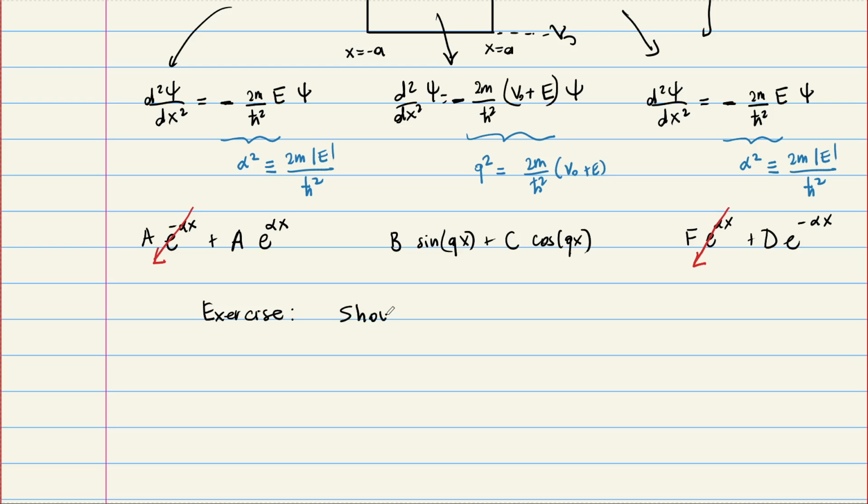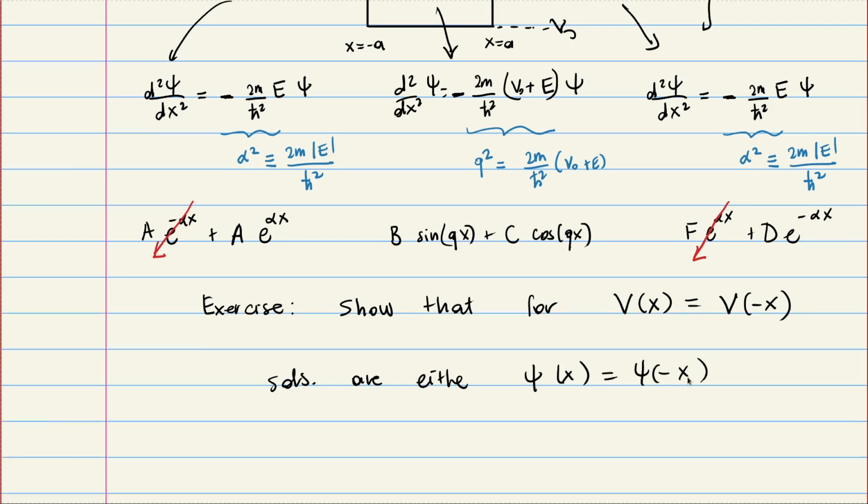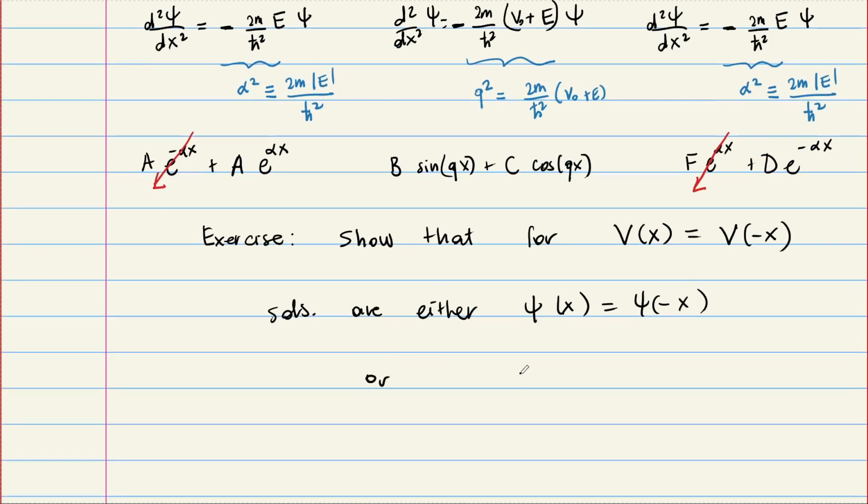Show that for V of x equal to V of minus x, that means if the potential is even, solutions are either psi of x equals psi of minus x, or psi of x equals minus psi of minus x. Okay? So this is just like relabeling your Schrödinger equation and looking at the result.